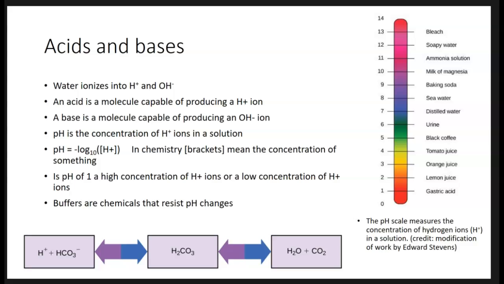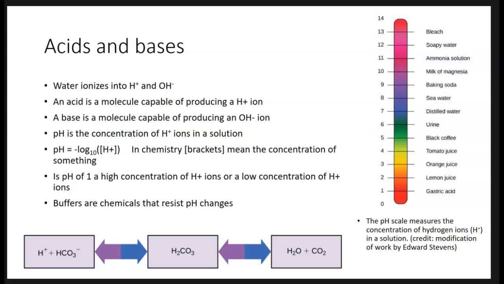Things that are very acidic, like gastric stomach acid or lemon juice, have a high concentration of hydrogen ions and a low pH. Things that are more basic, such as bleach and ammonia, have a pH of around 10 to 14. Things that are neutral, like water, have a pH of around 7.